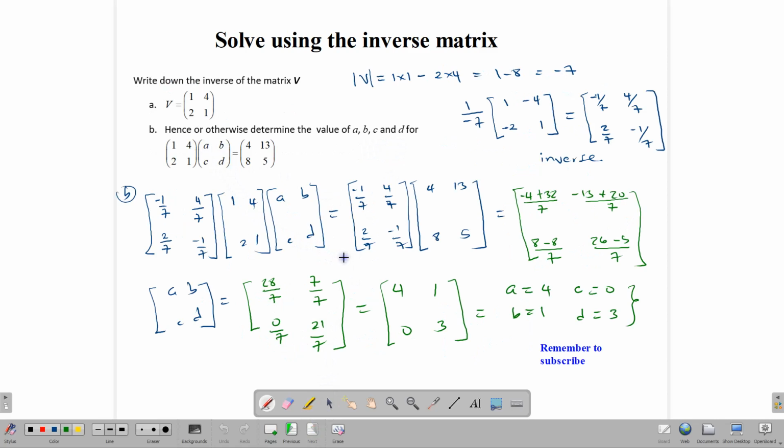Using the inverse matrix is a very useful tool, a very indispensable tool actually, in solving this kind of equation. Once we know how to use it, multiply that inverse matrix by the B matrix, and you get your result. This is how we use the inverse matrix to solve systems of linear equations.